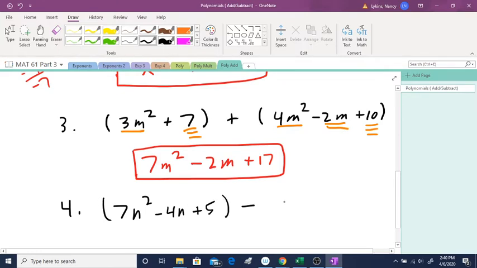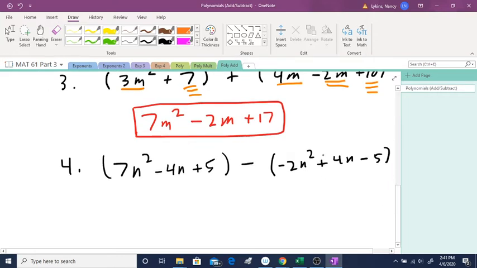And I'm going to subtract negative 2n squared plus 4n minus 5.